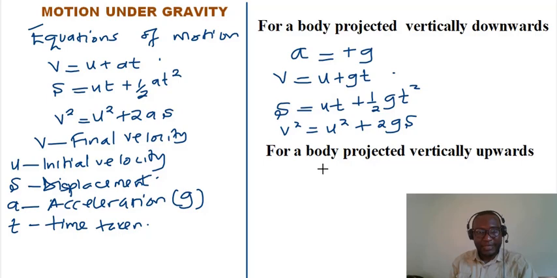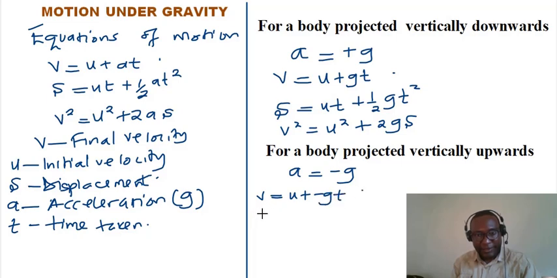Now for a body projected vertically upwards, the acceleration is going to be negative G because this body is moving against gravity. So therefore our equations are going to be modified as V being equal to U plus negative GT, which reduces to V being equal to U minus GT.